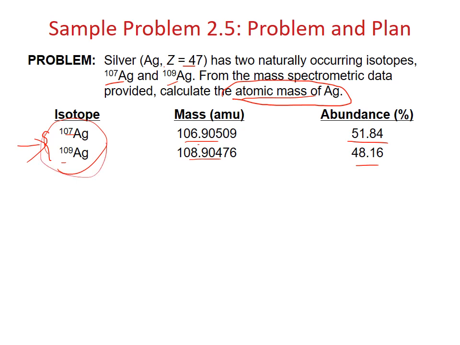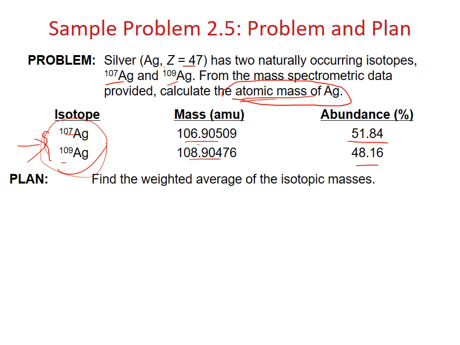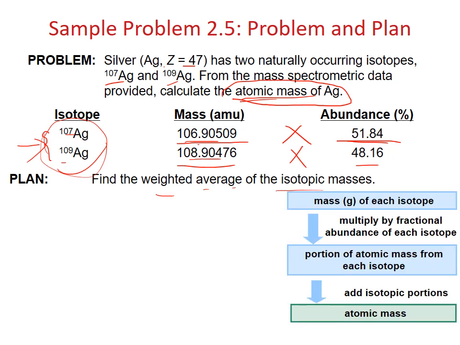To find the weighted average of the isotope masses, we take the individual isotope mass multiplied by its abundance, and then add them together.